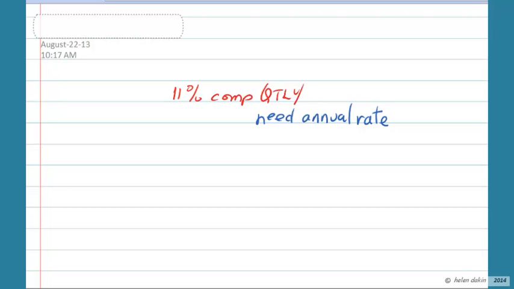So, in stepping aside and working out the equivalent rate, we start off with 11% compounded quarterly. 11% divided by 4 quarters per year means that we have an interest rate of 2.75% per quarter. And that's important because now we're going to say, how do we get the annual rate that is equivalent to that 2.75% per quarter?